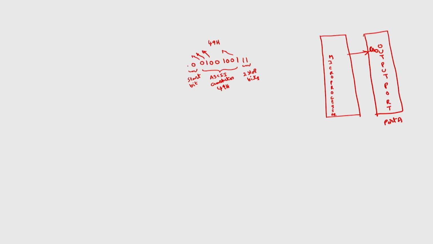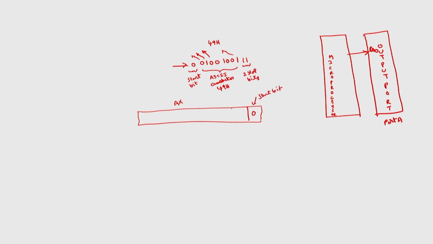So, I have to send in this manner. First you have to send a stop bit, then 0. So, I will take this into some 16 bit register, say AX. First bit is the start bit, this is 0.